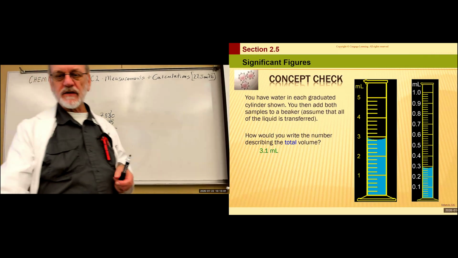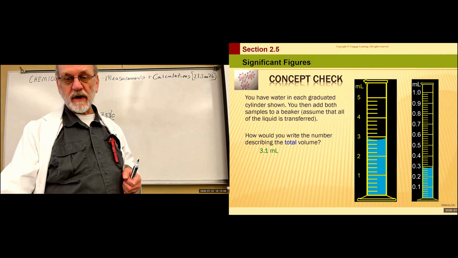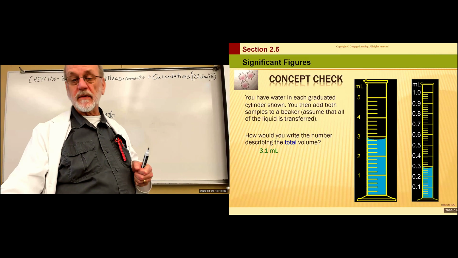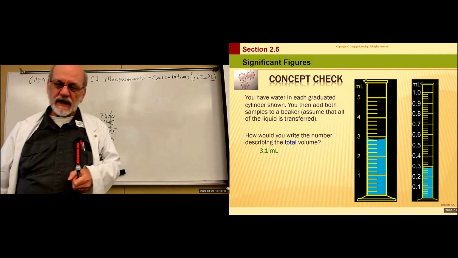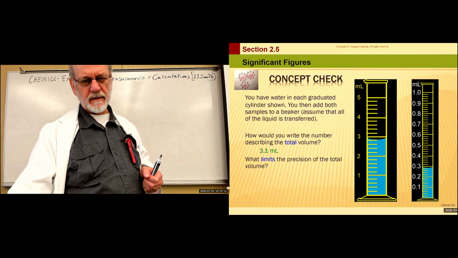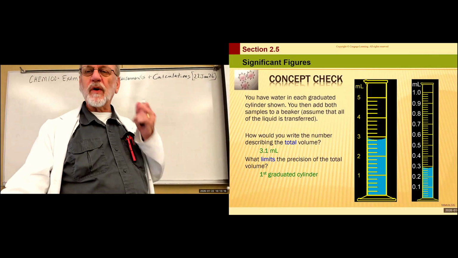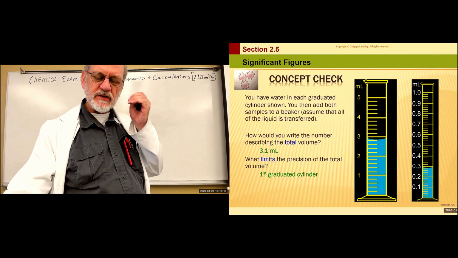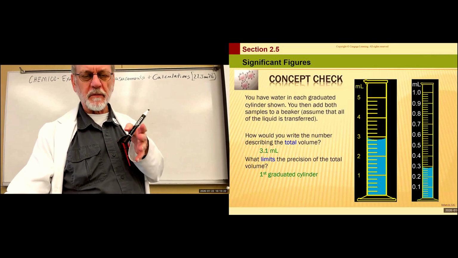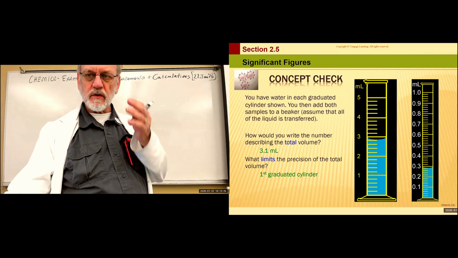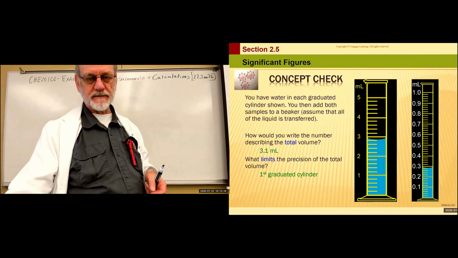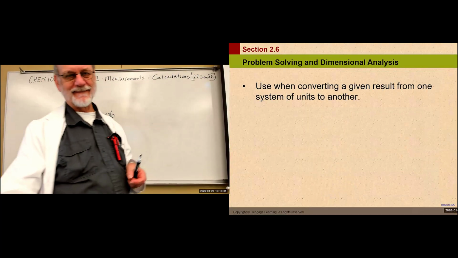So the idea is 3.1. Why did I put 3.1? That's the total volume, so 2.8 and then 0.8. The point of the slide is the precision and the accuracy. Actually, accuracy is the better term. The accuracy of your outcome is limited by the least accurate device.